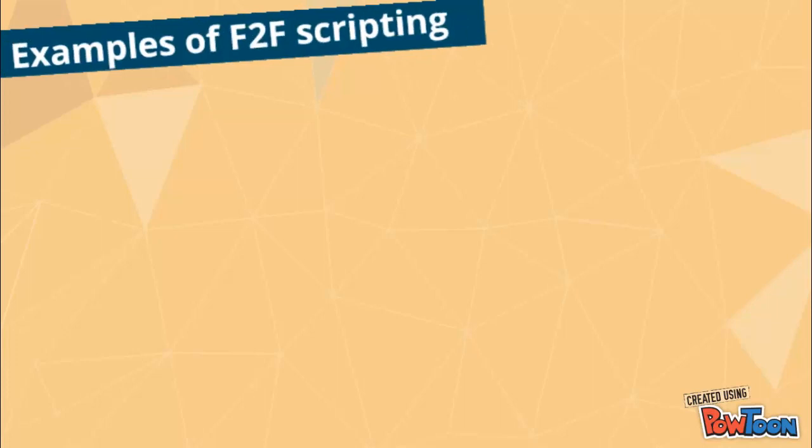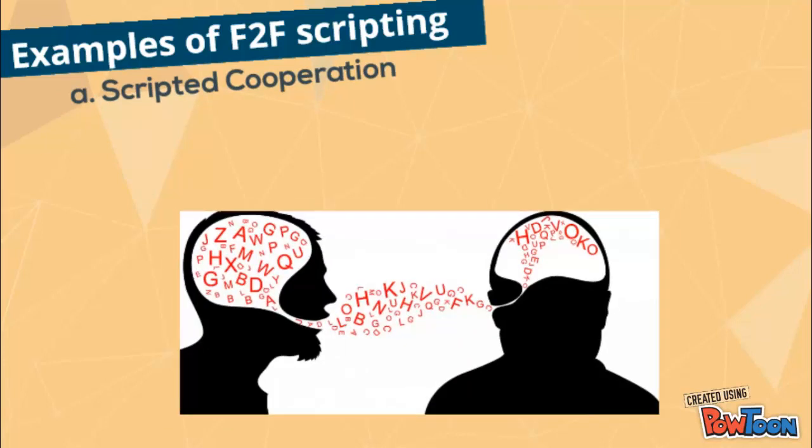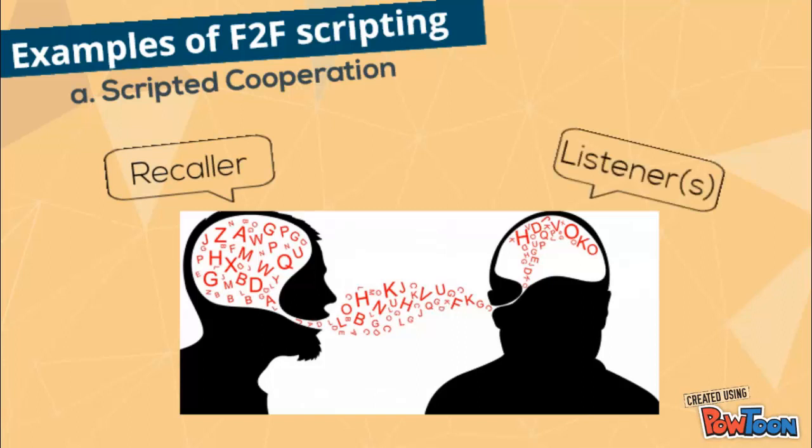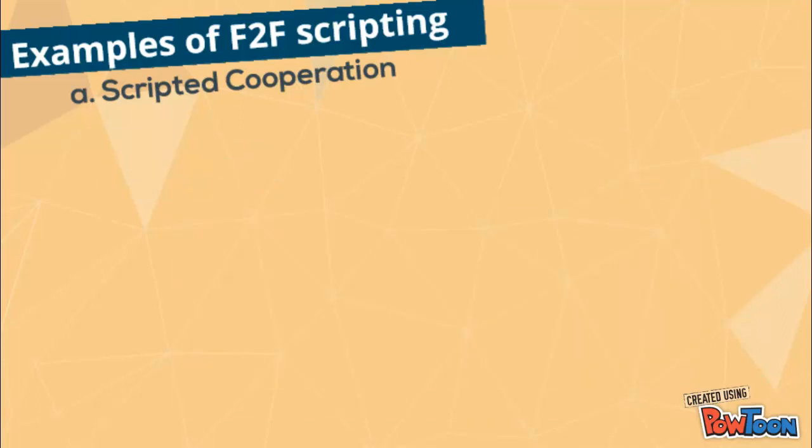Next, I will introduce 4 examples of face-to-face collaborative scripting. First of all, scripted cooperation. In scripted cooperation, learners act as recorder and listeners, work in pairs to summarize, elaborate, give feedback, and sometimes exchange roles for the next portion of content.